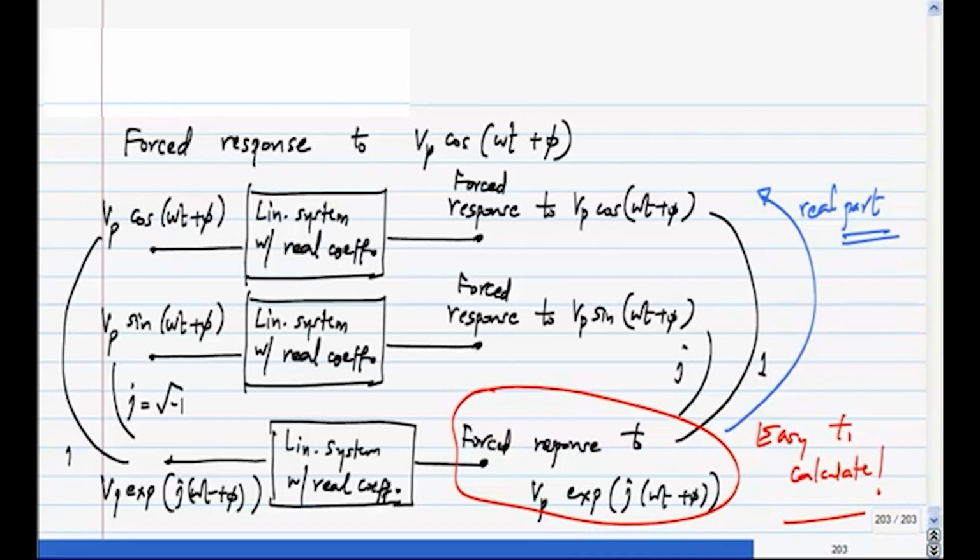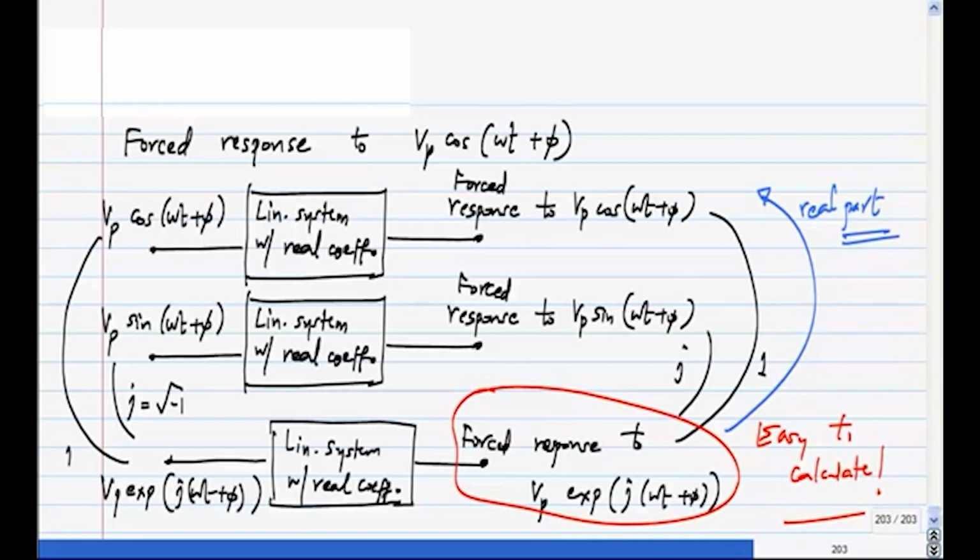The reason this works is because the linear system has real coefficients. If it had complex coefficients, things could get mixed up. There are actually systems like that which we won't go into at all. This j, the square root of minus 1, keeps the two things separate. You can combine them into an exponential, but they are still separated as real and imaginary parts.